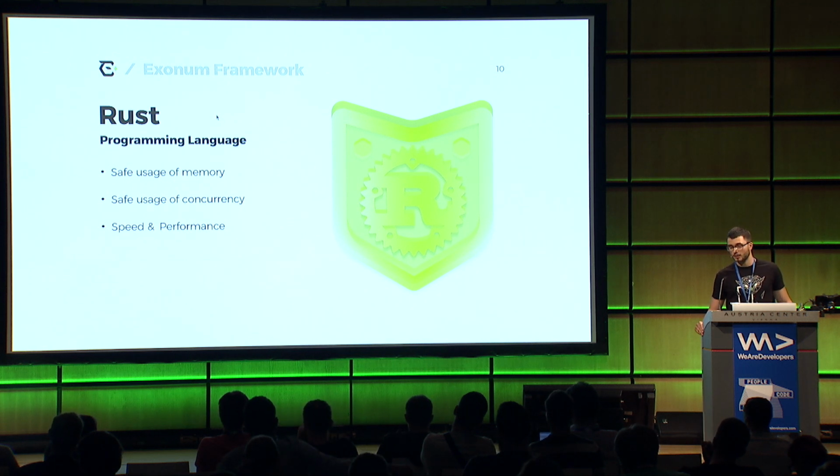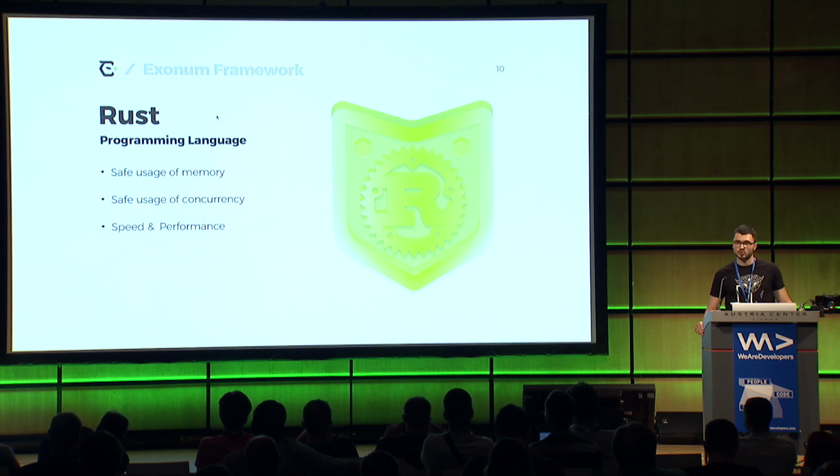It's Rust. Rust is a very secure language in terms of memory usage and concurrency operations. It's also quite speedy because it's very similar to C++, and in comparison with Java or some high-level languages, it's quite speedy.